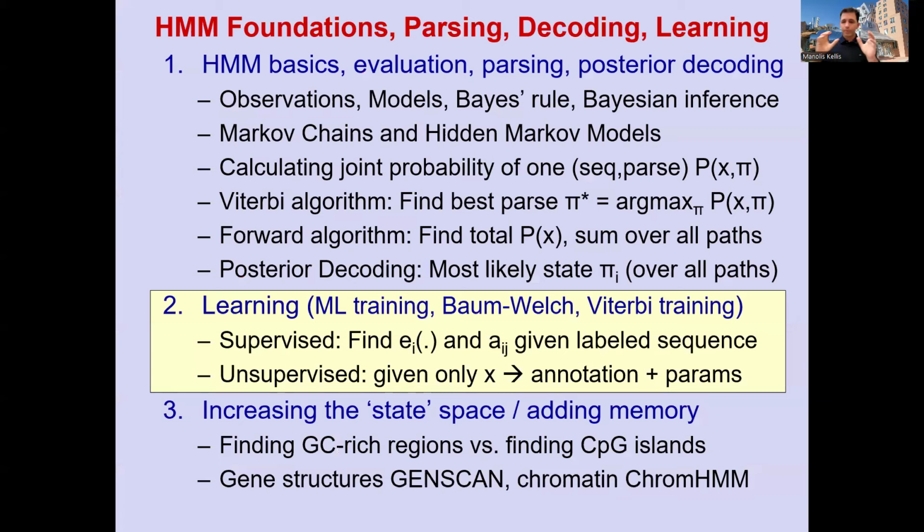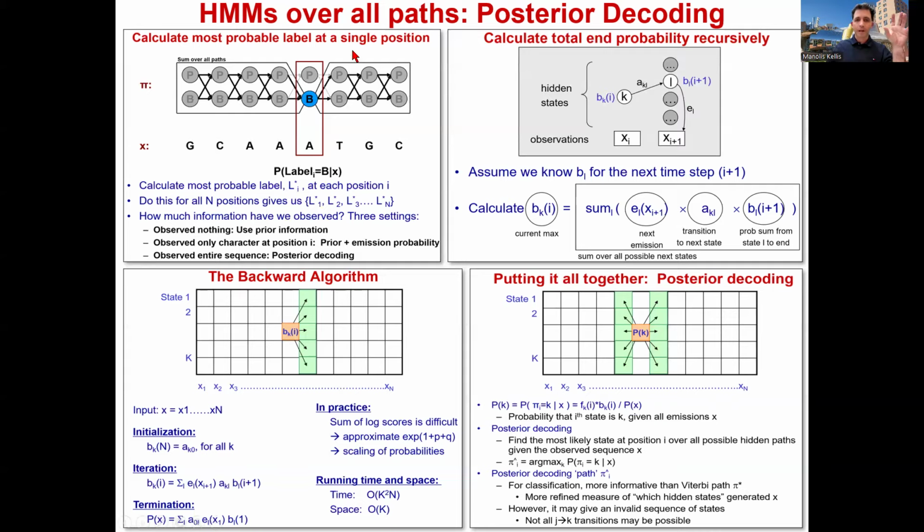All right. So far, we've basically talked about how I already have my transition probability matrix, A, and my emission probability matrix, E. And I already know the probabilities of emitting every one of the characters from every one of the states and of transitioning from every state to every state. Right? How do we calculate those matrices now? How do we calculate those parameters? That's where machine learning comes in.